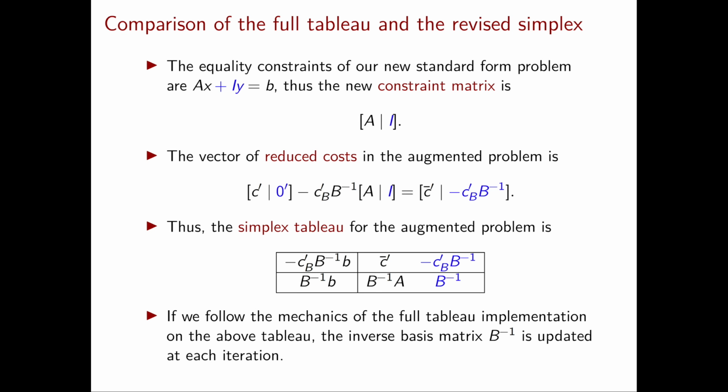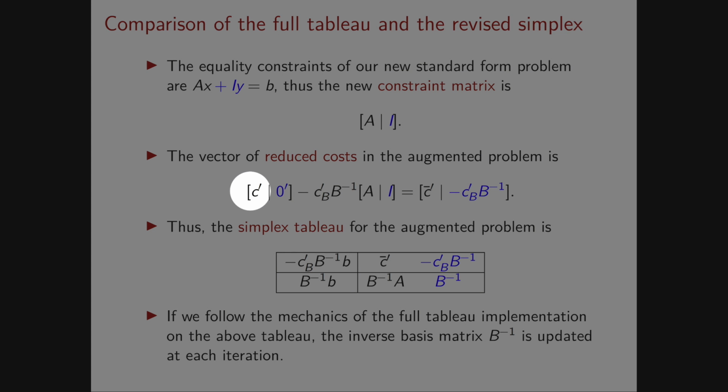So if we look at the first n components of this row vector, we have c transpose minus c_B transpose B inverse times A, and these are exactly the original reduced costs, which as always I denote by c bar transpose. The remaining m components are 0 transpose minus c_B transpose B inverse times the identity, and here we have it. So now I can fill in also the remaining part of the 0th row. Here I have c bar transpose, and here minus c_B transpose B inverse.